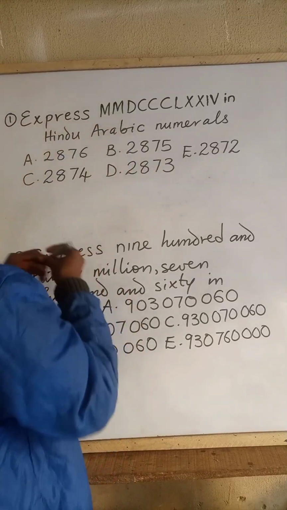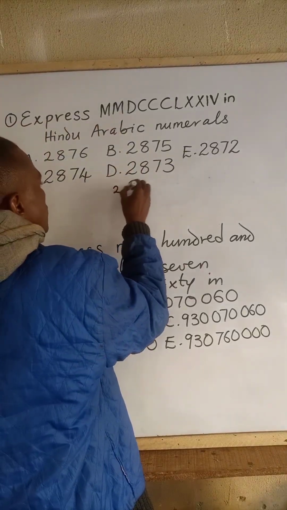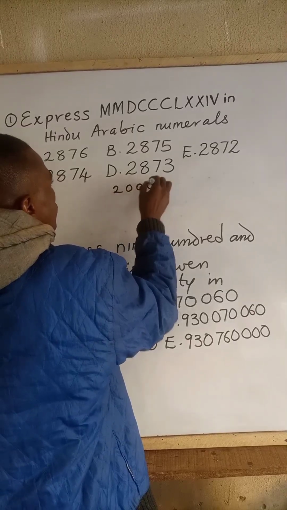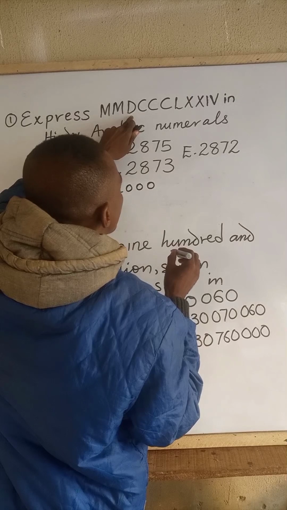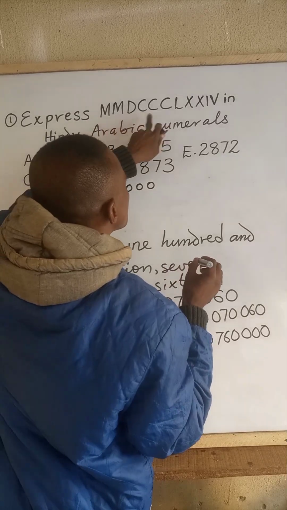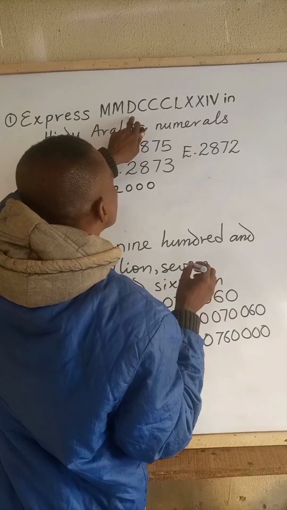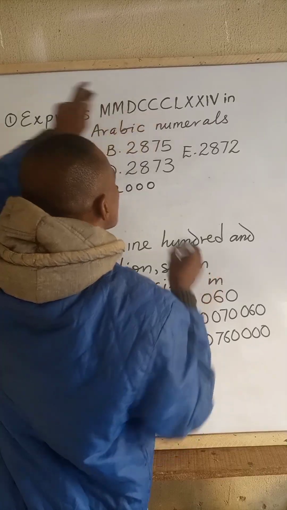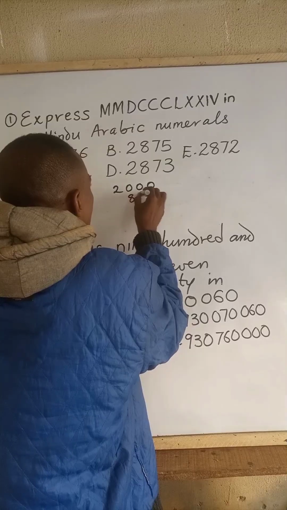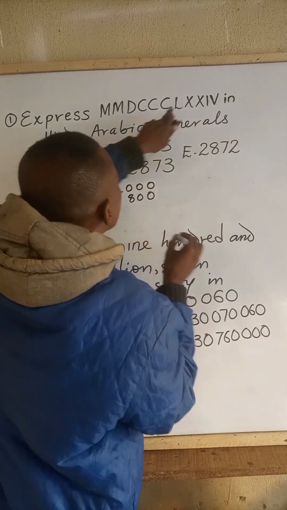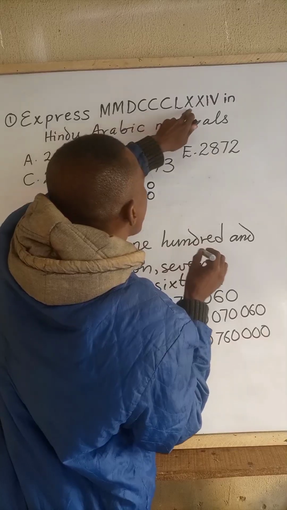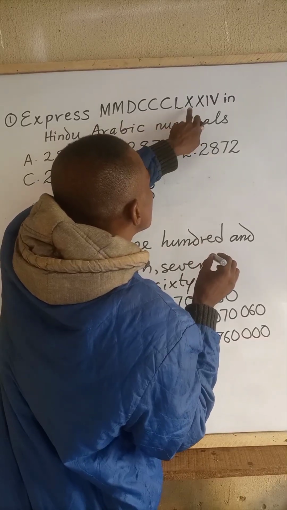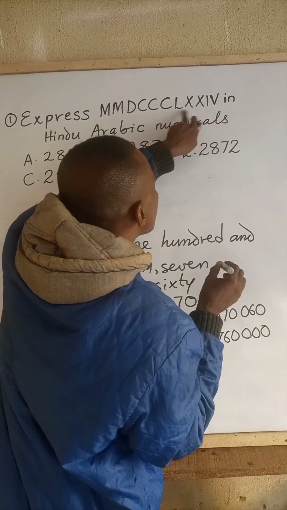Now, MM means what? 2000. D is 500. CCC is what? 300. Meaning that DCCC is 800. L is 50. XX is 20.